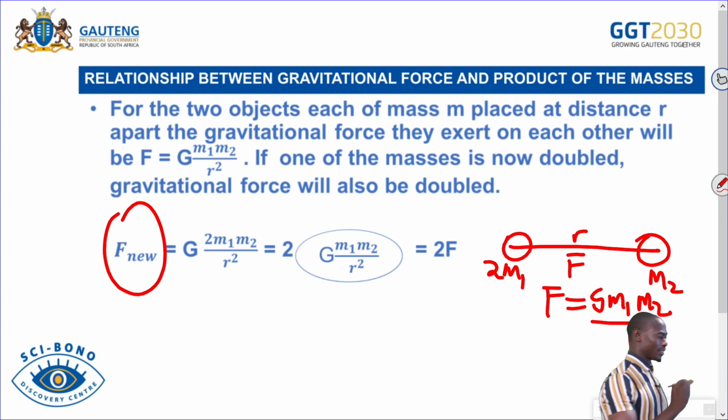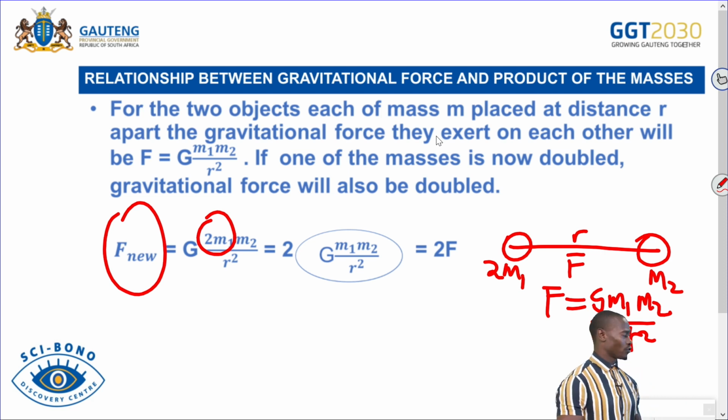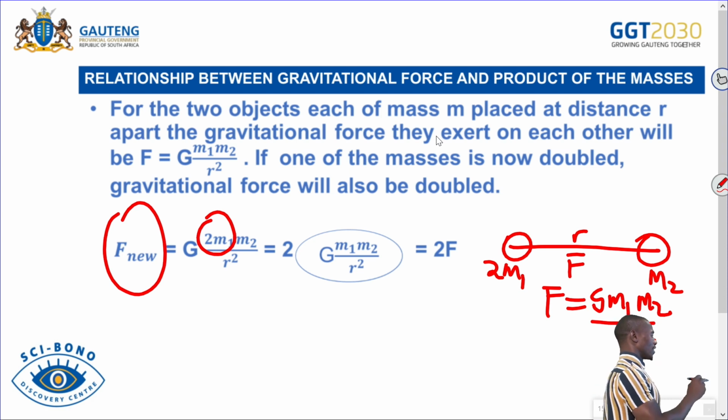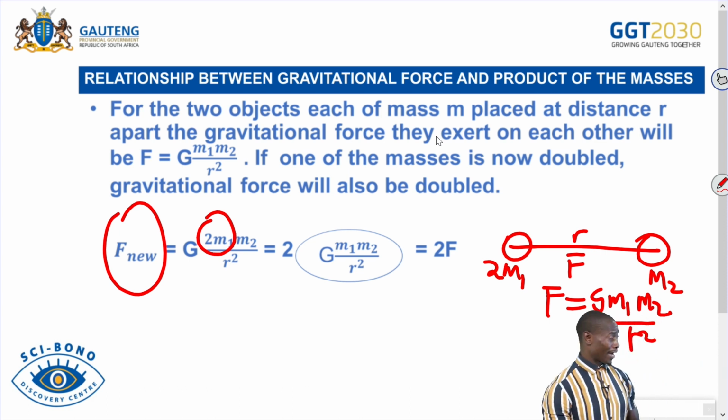That is why here you can see I'm having twice m1. So it's twice m1 m2 over r squared, right? Which is the same as twice G m1 m2 over r squared, okay? So the new magnitude of F will be twice the original magnitude of F.